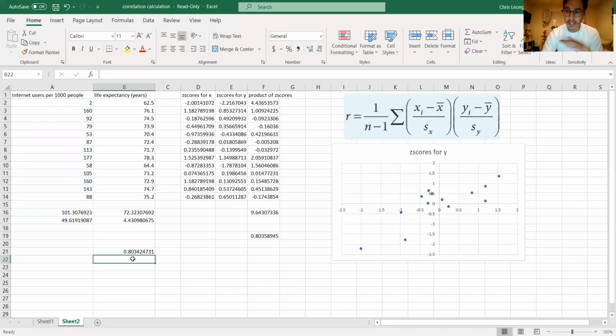So when Excel does all the computation itself, it gets a correlation coefficient of 0.80. It matches ours. There are some differences, like at the 4th decimal place, but that's because I rounded the means and the standard deviations when I was calculating my z-scores. So that's the reason for the minor differences.